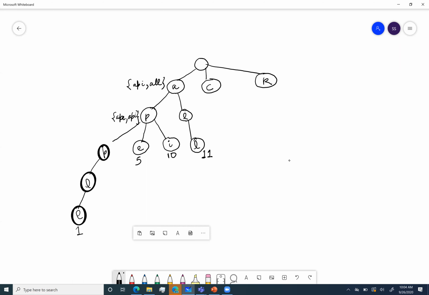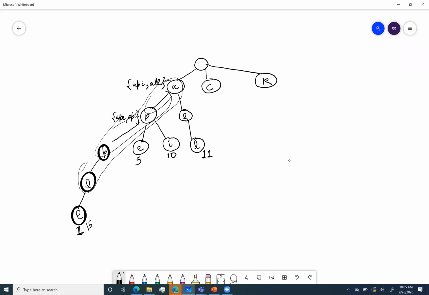Do they have high enough frequency or not? The frequency is only 1, which is not high enough, so I will not update my hash map. But if multiple people are using it and now its frequency becomes 15 or something, I will make this part of my hash map, and I will start adding these terms for Apple in the hash map.